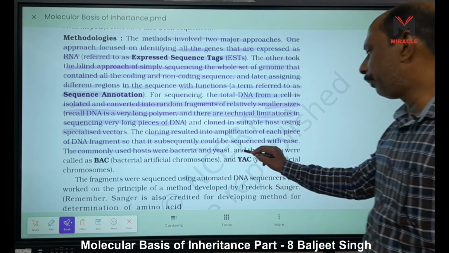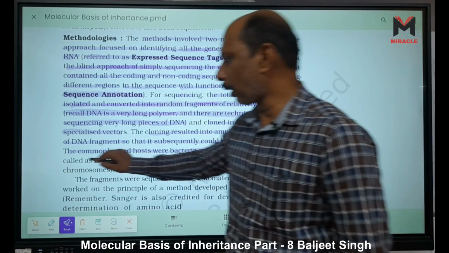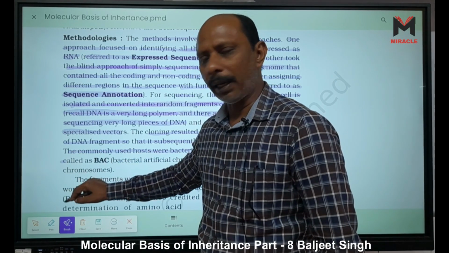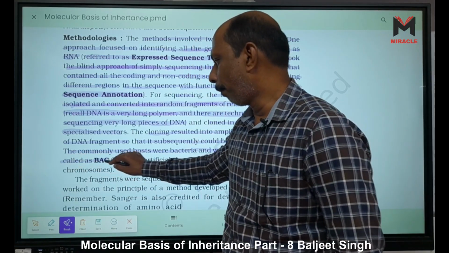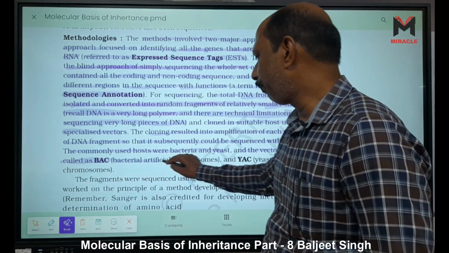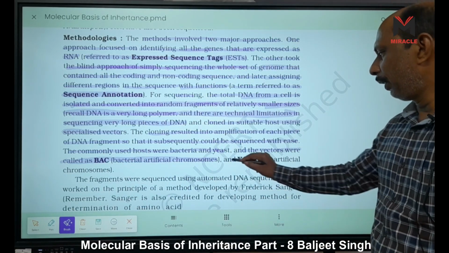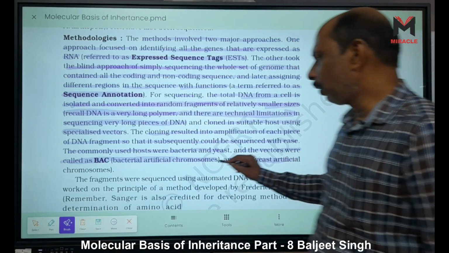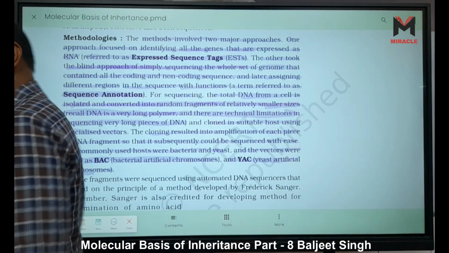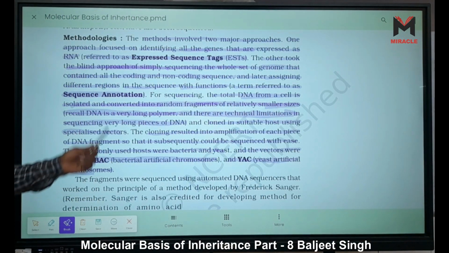And that's why we give them names. The vectors inside the bacteria are called bacterial artificial chromosomes, or YACs, meaning yeast artificial chromosomes. Do you understand this one?